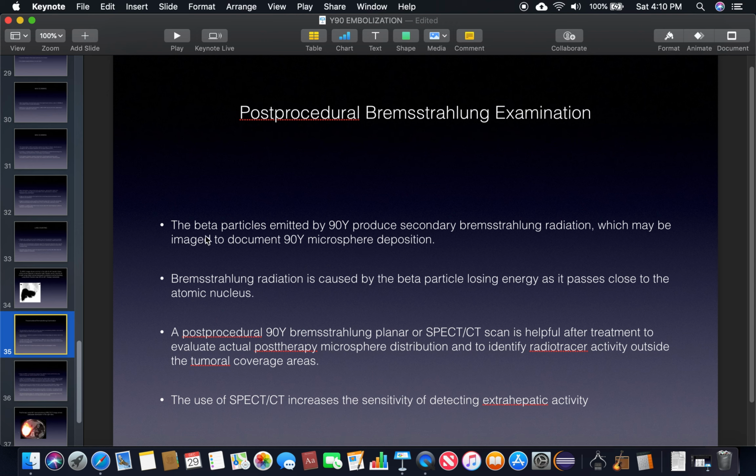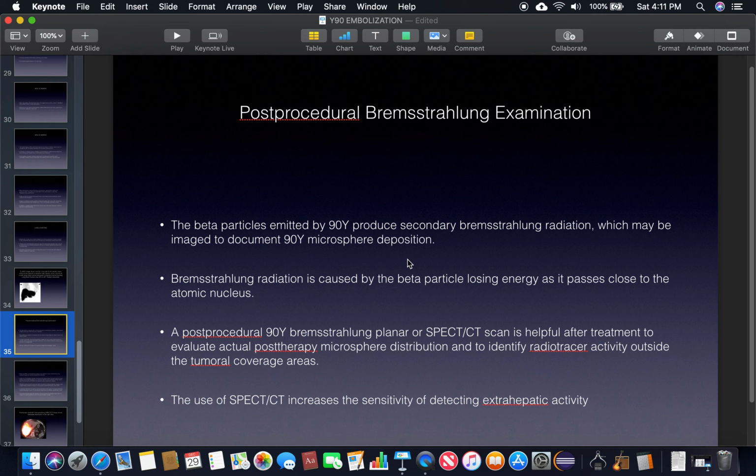Now, beta particles emitted by yttrium produce secondary Bremsstrahlung radiation, which can be used later on after the deposition of microspheres for imaging. Now, the Bremsstrahlung radiation is caused by a beta particle losing energy as it passes close to the atomic nucleus.